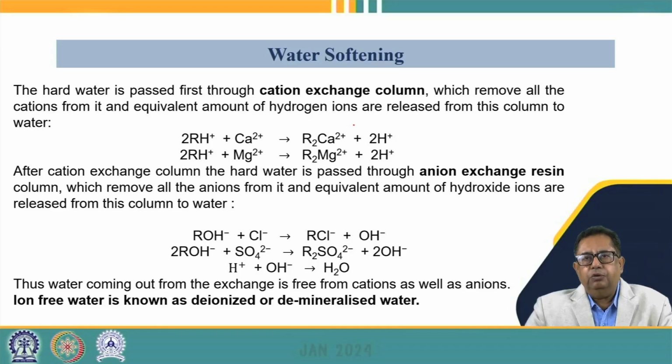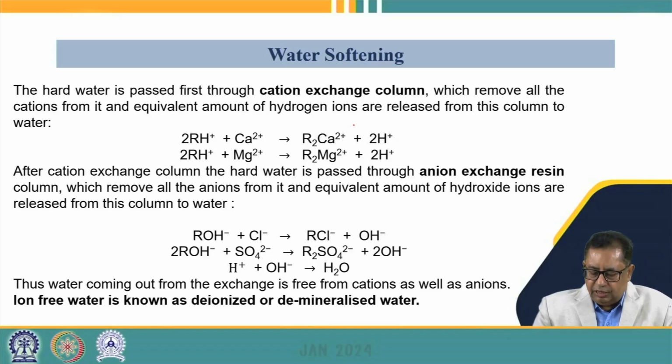If we are targeting only water softening, that is, if we only want to remove the cations causing hardness like calcium and magnesium, then we can go for only a cation exchanger column. But if we want to demineralize the water, that is, if we want water which is pure H2O only, then we go for two columns: first the cation exchange column, and then we take it to the anion exchange column, so that we can get water which is free of any ions.